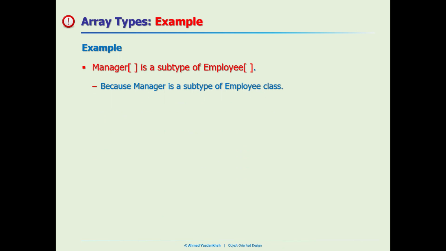We have a manager array and we have an employee array. We would say this array is a subtype of this array because their component types have a type and subtype relationship. Because manager is a subtype of employee, because of rule number 6 in the previous slide, this array would be a subtype of this array.